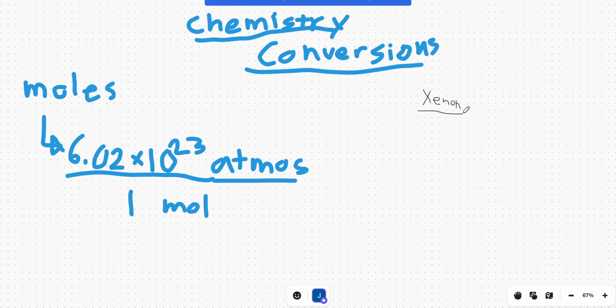Now say that xenon is in a balloon to blow it up, and let's say the volume of that specific balloon is 6.75 liters.